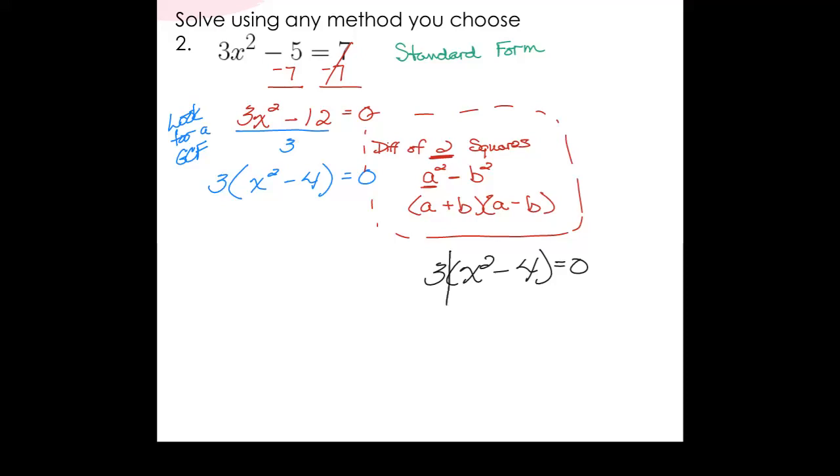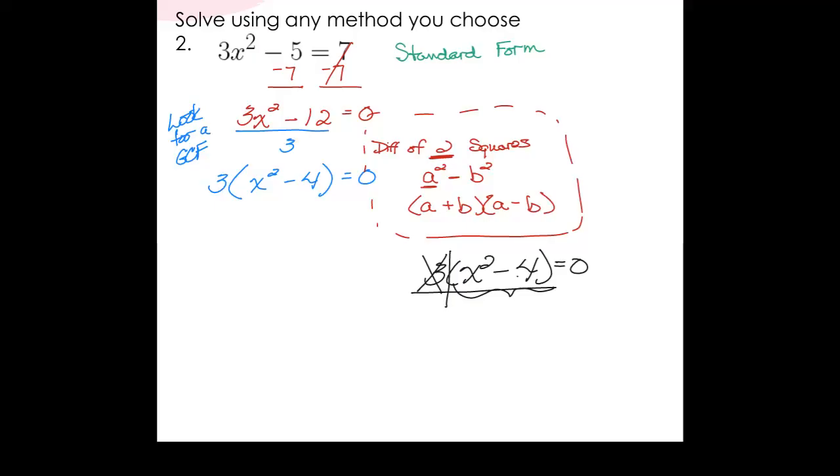Usually you would start to set these up and say, okay, if something times something equals 0, then either the first factor equals 0, which is not the case because 3 is a number, or then in this case, this has to be equal to 0. So, okay, this has to be equal to 0. But what if I moved that minus 4 to the other side? Which is kind of what I thought you were saying.